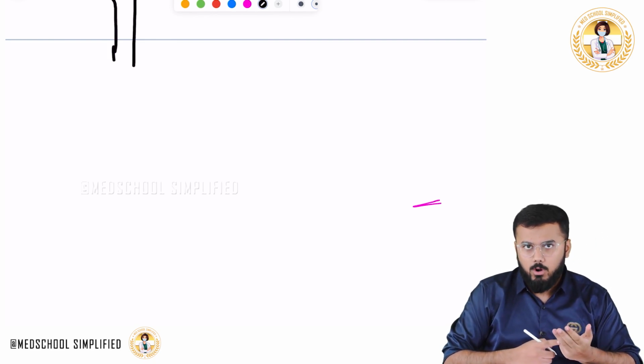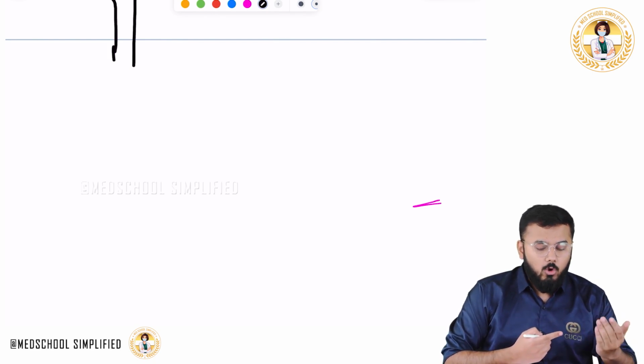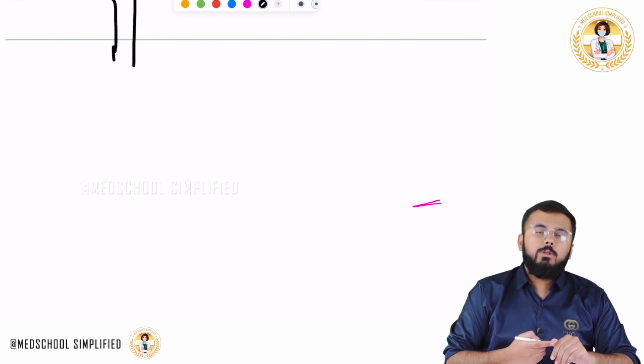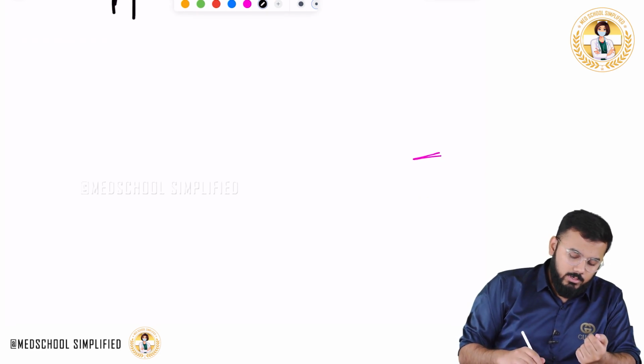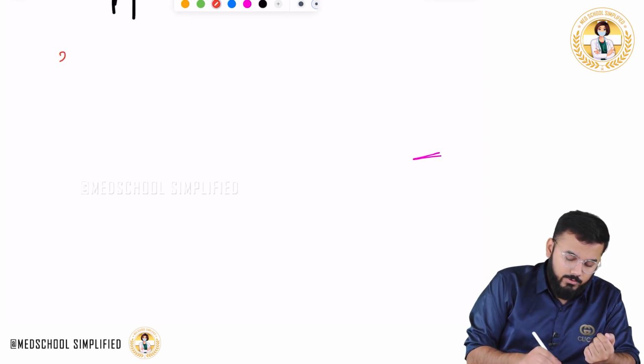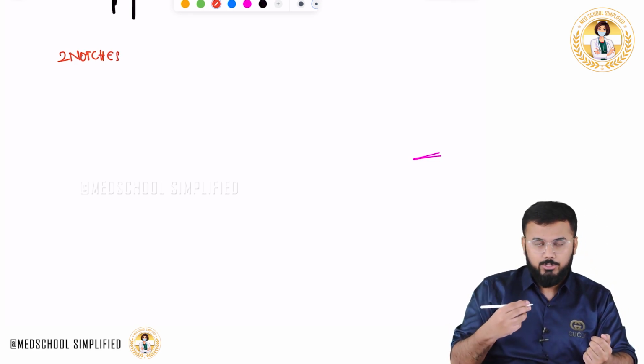Now the cerebellum has got borders, it has got surfaces, it has got notches. So how many borders, how many surfaces and how many notches are there? It has got two borders, two surfaces, and two notches. So let us discuss what are those. I will explain where these notches are located, everything I will show you in the picture.